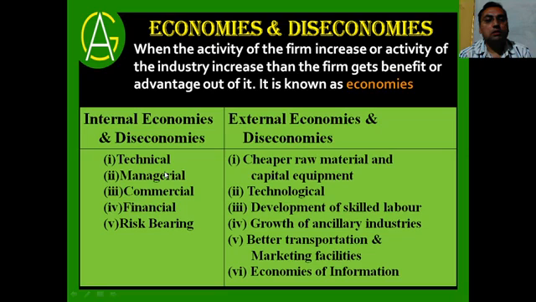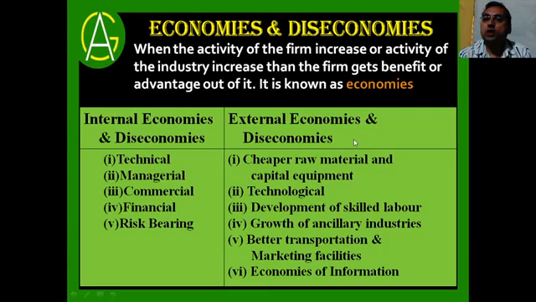So the conclusion is, internal economies and diseconomies are all diseconomies for small size firms and economies for large size firms. Then comes external economies and diseconomies. You remember that external economies and diseconomies are related with the location of the firm.